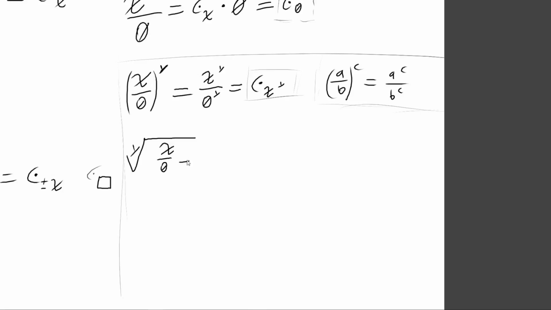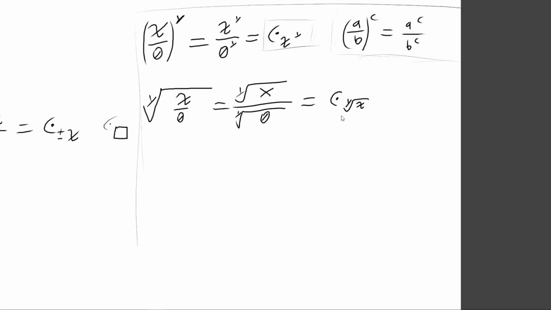This is going to be equal to the yth root of x divided by the yth root of 0, like so, which equals, of course, as we all know, c times the yth root of x, because any root of 0 is still 0.